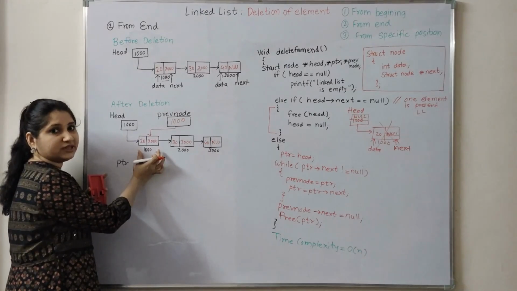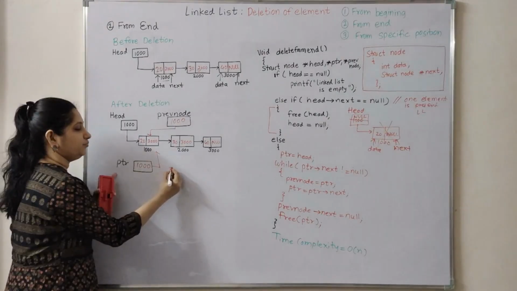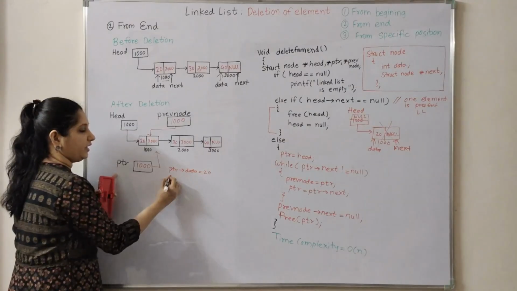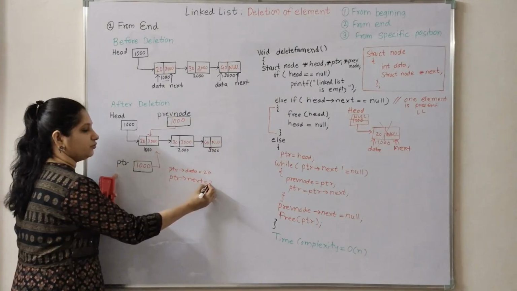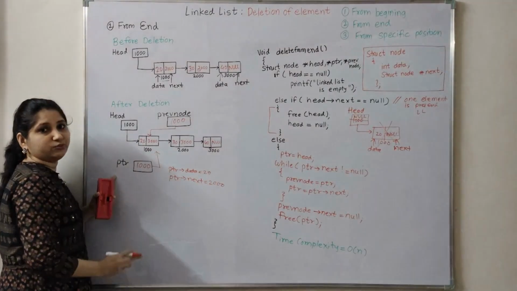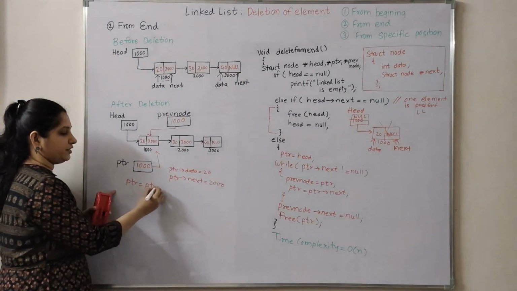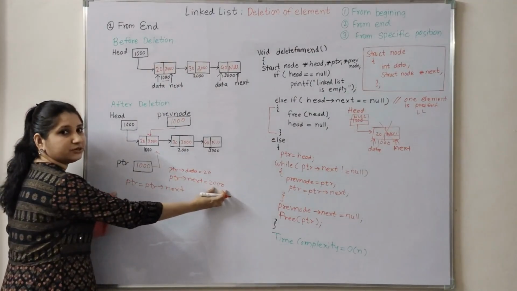At memory location 1000, pointer of data is 20 and pointer of next is 2000. We do pointer equal to pointer of next. What is the value of pointer of next? 2000.